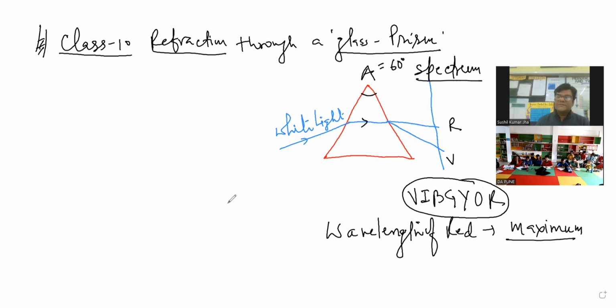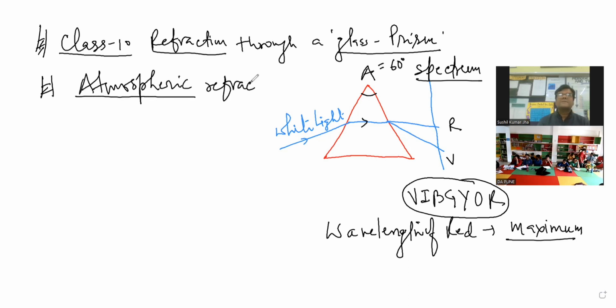Fine. Now there is another aspect of refraction, and that we call atmospheric refraction. To explain atmospheric refraction, we can take a few examples, like starting with the twinkling of stars.